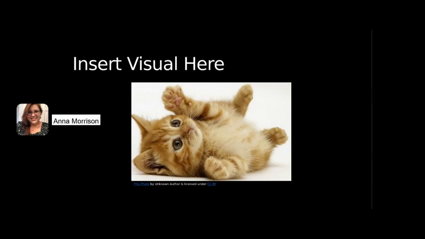You could even put your visuals on slides by themselves, which is totally fine. Now you notice that this one has some links to it, and it says this photo by unknown author is licensed under CC-BY. And that means that we're able to use it.